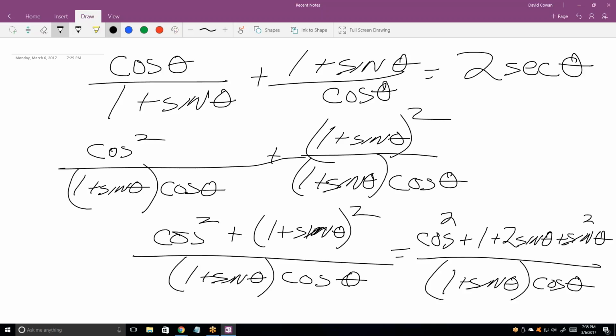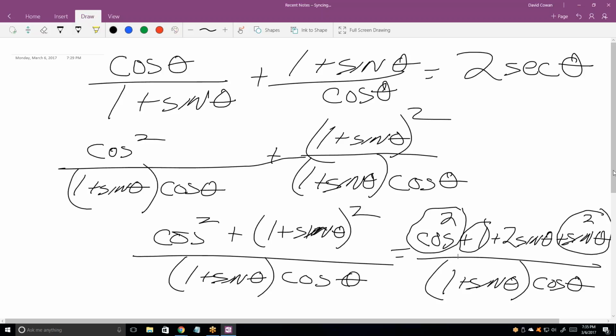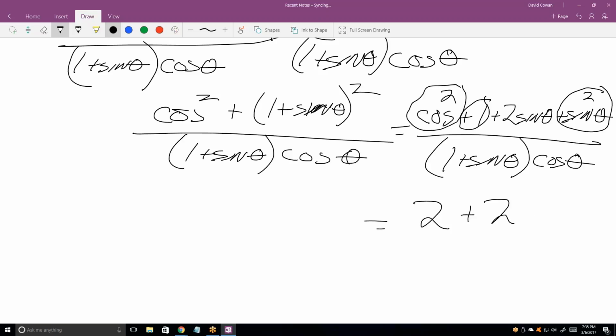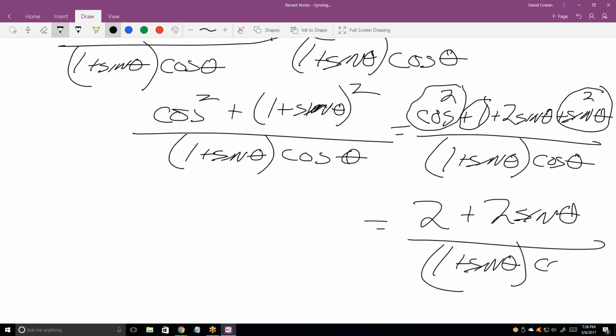Now I've got a cosine squared there, a sine squared there. I know that's 1. I got another 1, so I got 2. So here, let me scroll down a little bit. So here's my new numerator: 2 plus 2 sine theta, all over 1 plus sine theta times cosine theta.